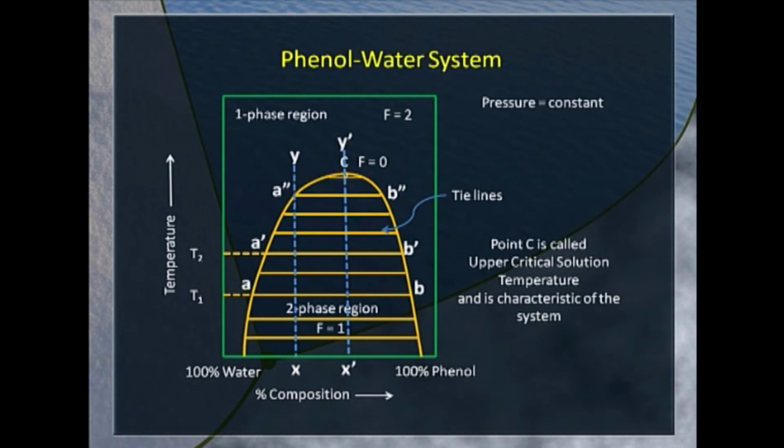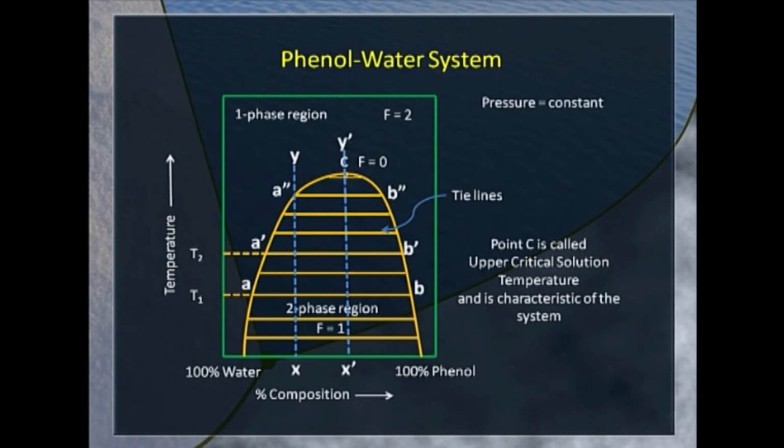If you start with a phenol rich phase, you will have systems giving rise to miscibility where the water rich phase disappears. If you start with a particular composition, in this case given by X prime, and heat it, you can clearly see that the two phases remain in equilibrium till we reach the point C, at which miscibility is attained.